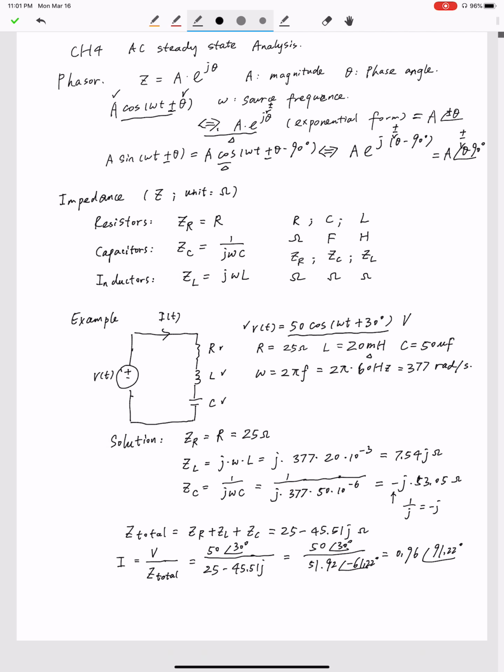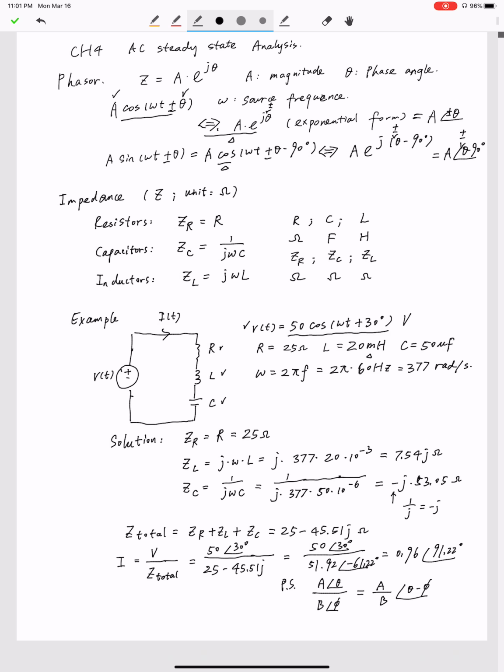In case you forget how to do complex number division, if you have two complex numbers and they are both in the polar form, we have A angle theta divided by B angle phi, then the result is going to be the ratio of magnitudes and the subtraction of phase angles, right? So that's how we do the division.